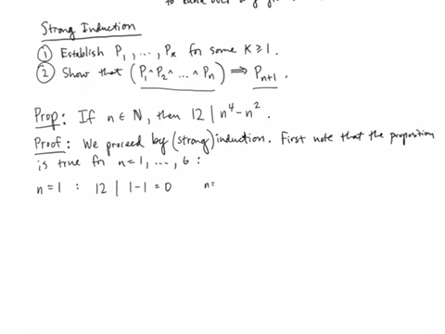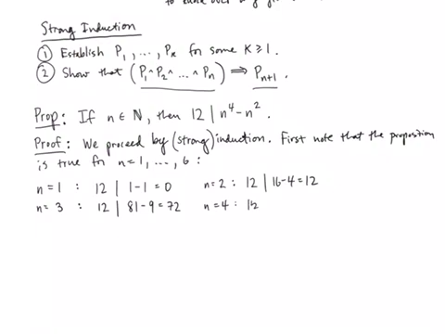For n equals 2, we have 12 divides 2 to the 4th is 16 minus 4, so that's 12. Certainly that's true. N equals 3. We have 12 divides 81 minus 9, which is 72, and that's true. 12 times 6, 72.